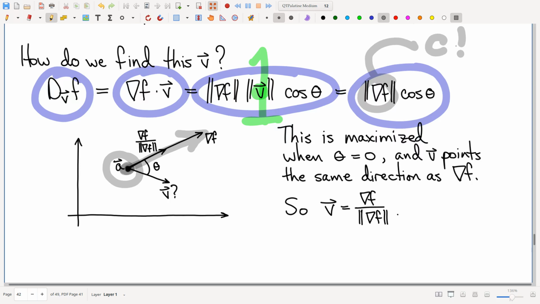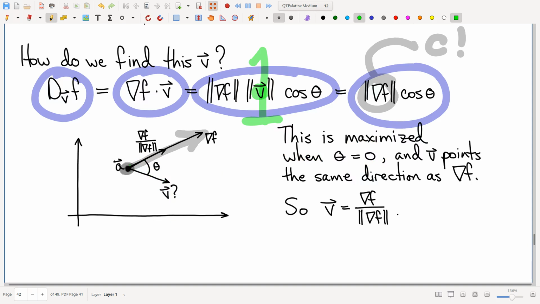So altogether then, I want to make this as big as possible. I just need to figure out how do I make cosine theta as big as possible, and that's an easy one, right? That's a flashback to trig class. Cosine theta is as big as possible when it's 1, which happens when theta is equal to 0. Keeping in mind that this is theta, theta equals 0 would mean that my v vector, that I had drawn that way, well, now I need that angle to be 0.